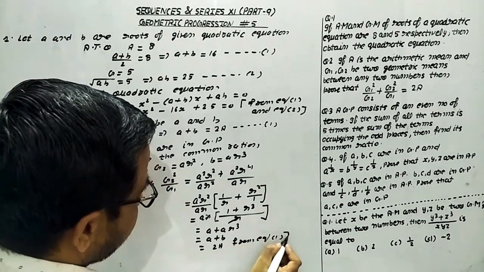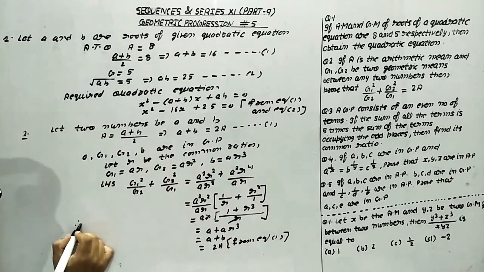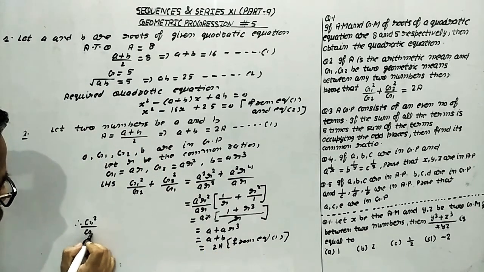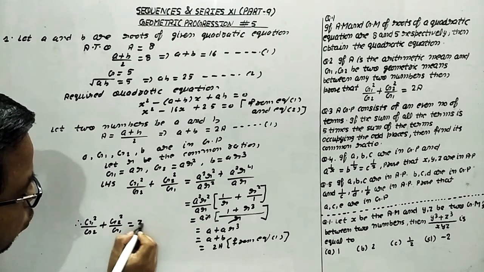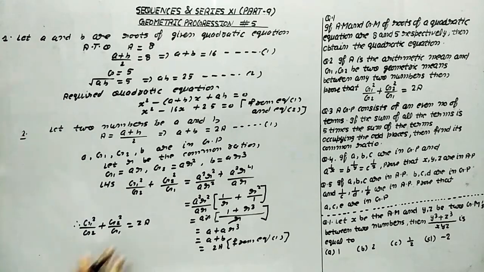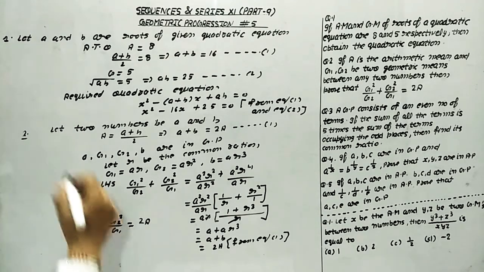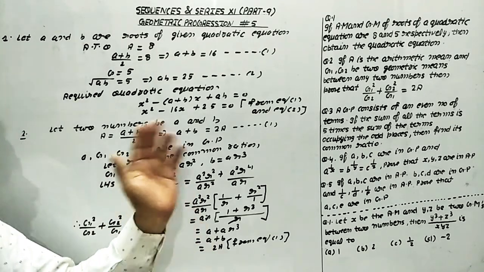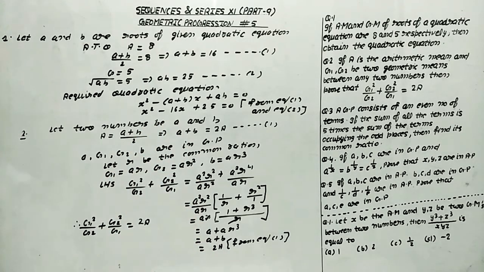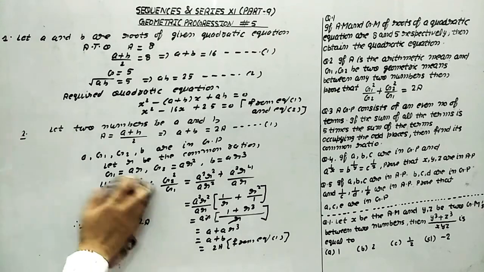Therefore, we have G1 square upon G2 plus G2 square upon G1 is equal to 2A. And this is the answer. So this is a very important and technical question in which we have to consider R as the common ratio and solve this. Now let's start with the solution of question number 3.